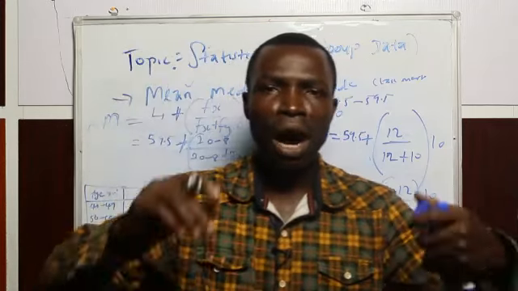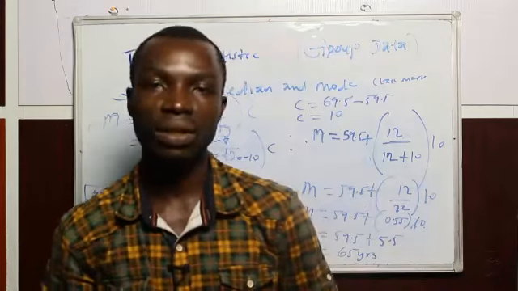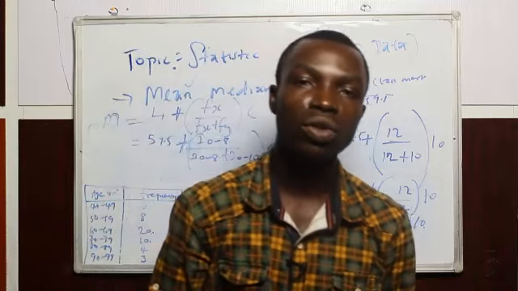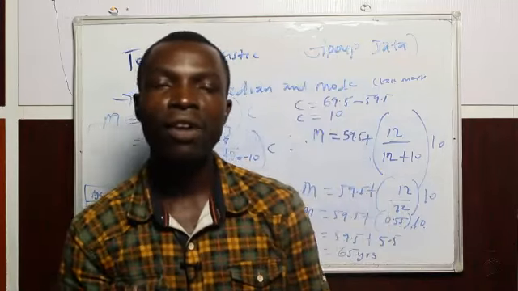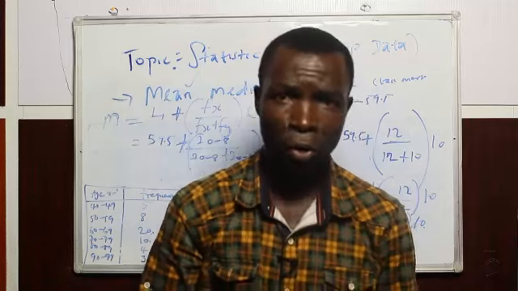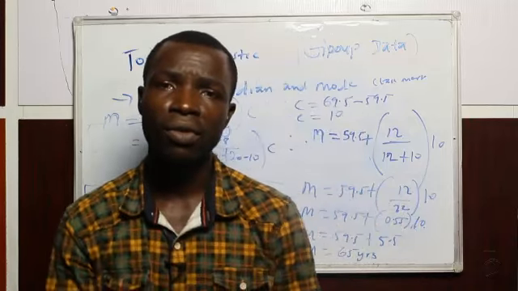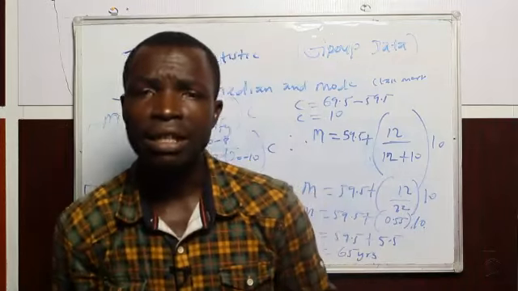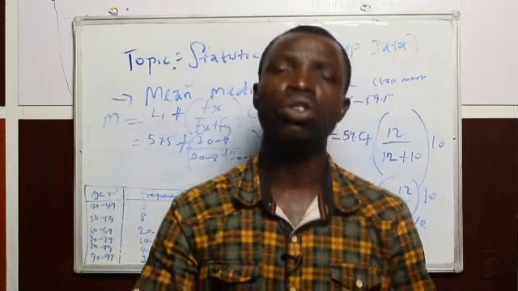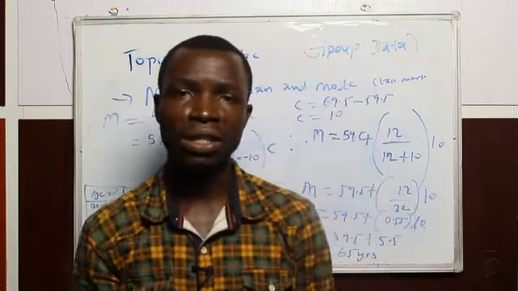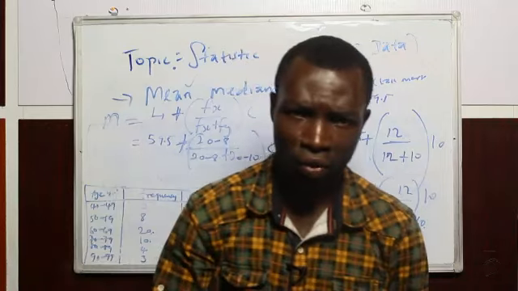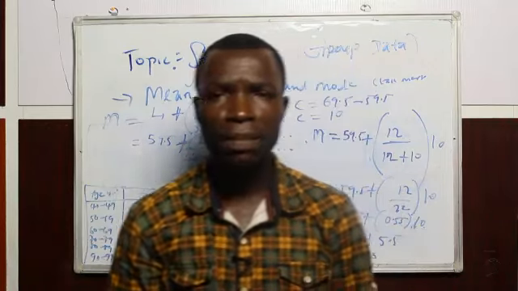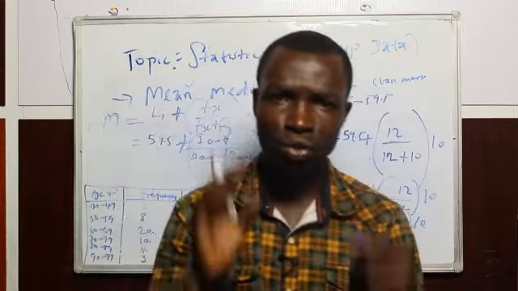Thank you. Before I conclude statistics under this group data, I want us to know that we have a formula for group data for mean, for median, and for mode. For the mean, the formula we saw earlier is x bar equals summation of fx over summation of f. The median for the group data is in two parts.